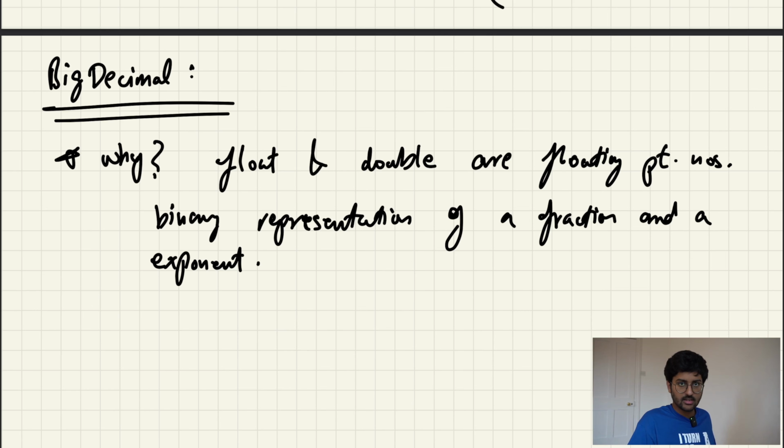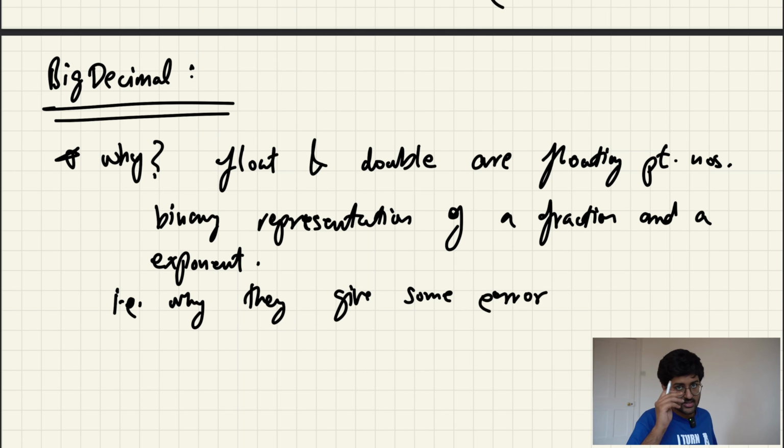And the other ones like integers are fixed point numbers. That is why they give some error.